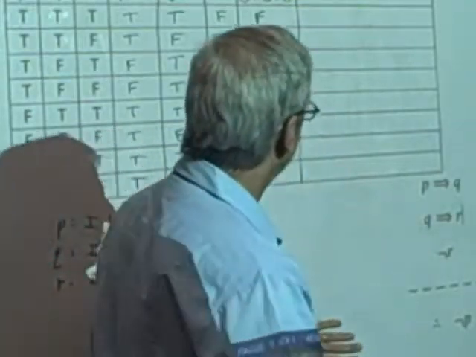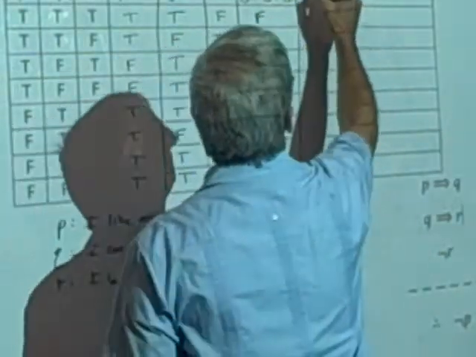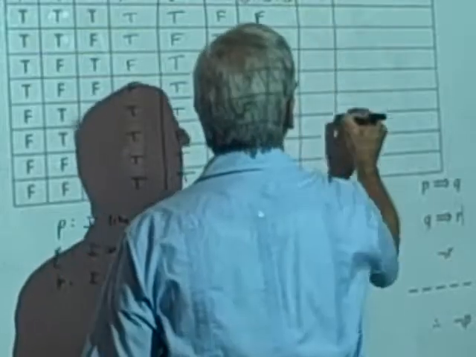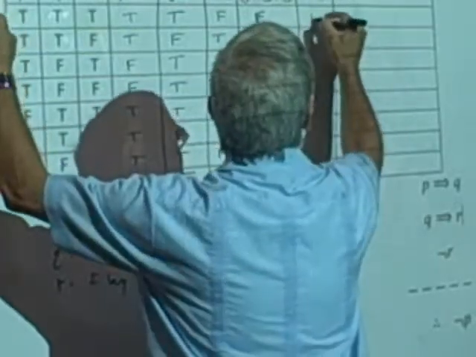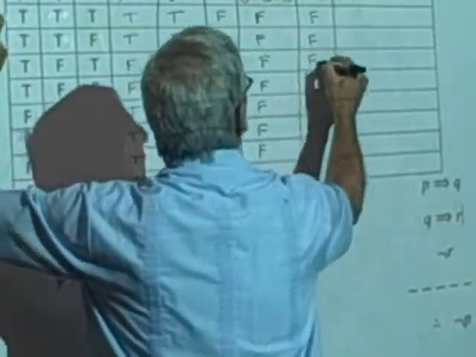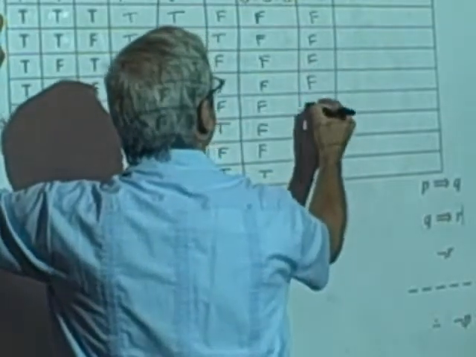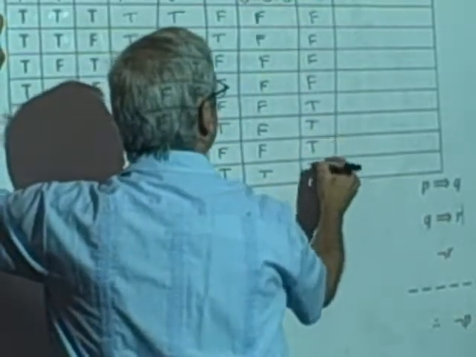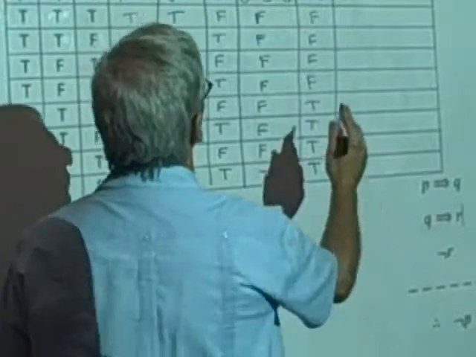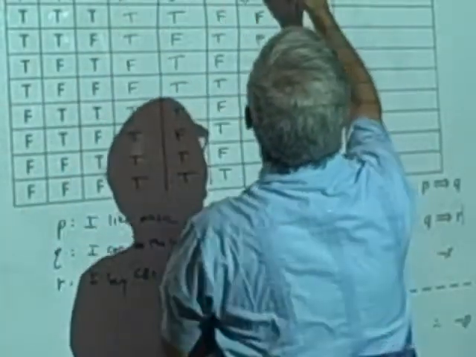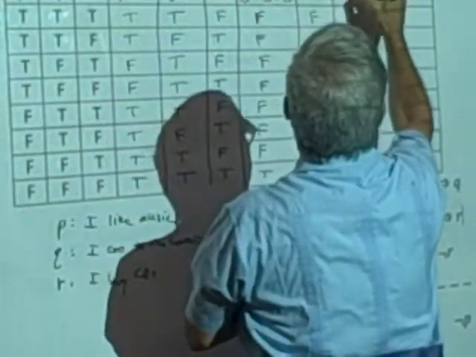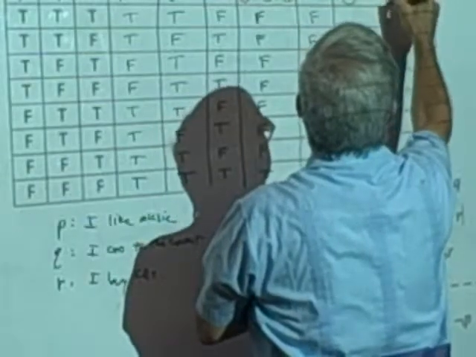Now I want to see, does that imply the negation of P? Well, I need to write up the negation of P. The negation of P flips these first T's to F's and the second F's to T's. All right, now I'm ready to look at the implication. We'll call that number 4. Does 4 imply not P?